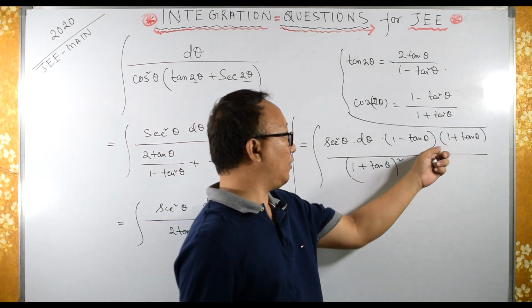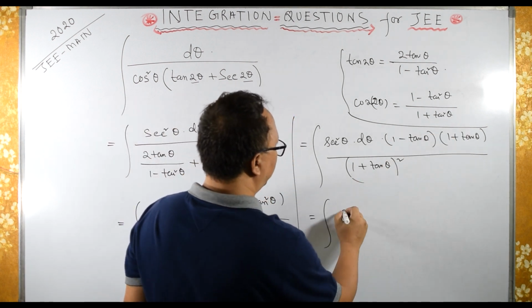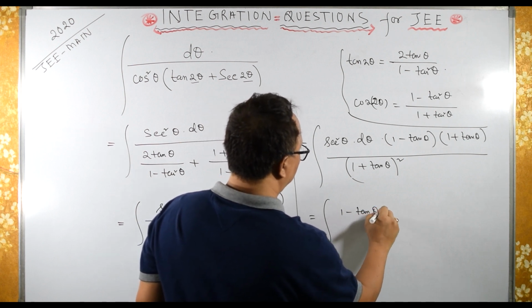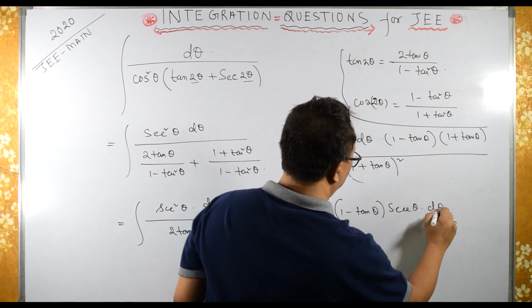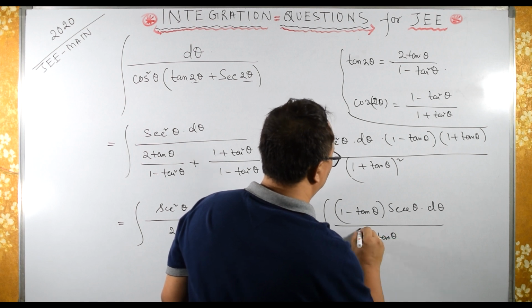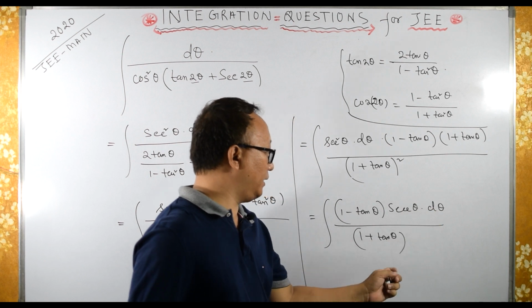So one factor of 1 plus tan theta gets cancelled. What we'll have is 1 minus tan theta into sec square theta d theta upon 1 plus tan theta, because the 1 plus tan theta gets cancelled.